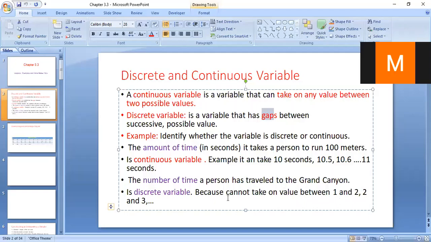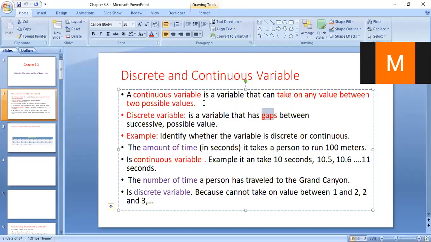You cannot take a value between 4 and 5 or 5 and 6. That is a discrete variable, the number of times a person travels, because we cannot take 4.5, 3.5, 6.5 times.